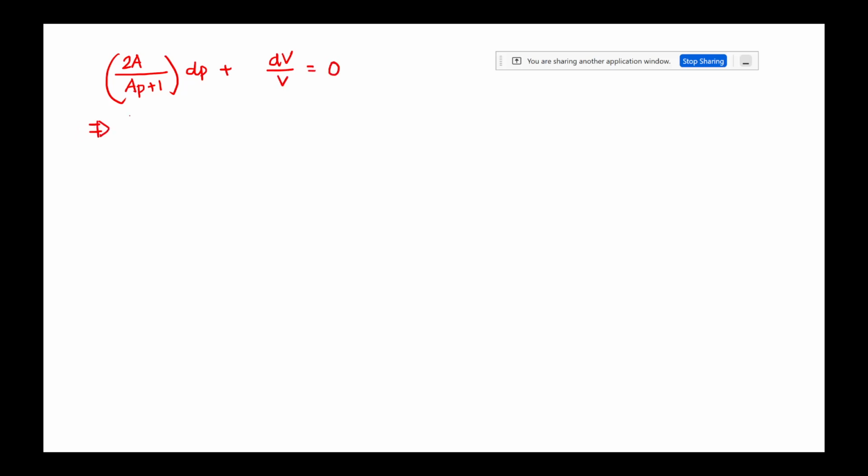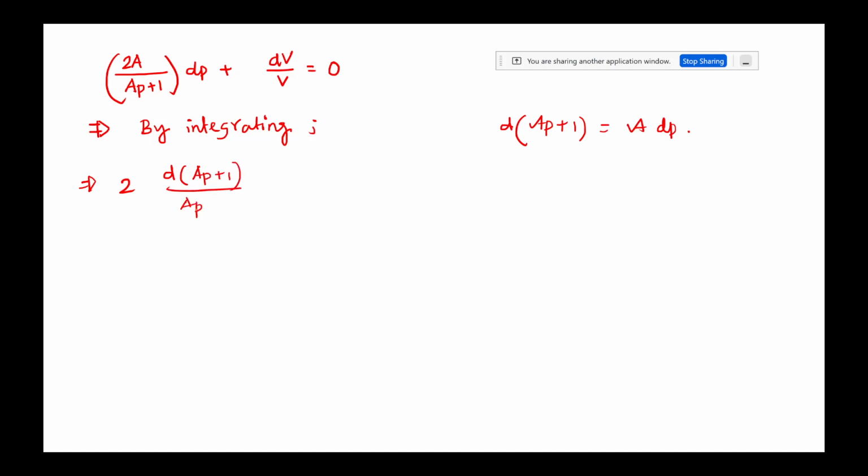Now this is a differential equation, so by integrating we get, so this can be written in terms of, the differential of (A P plus 1) is A dP. So we can write 2 d(A P plus 1) divided by (A P plus 1) plus dV by V equals 0.